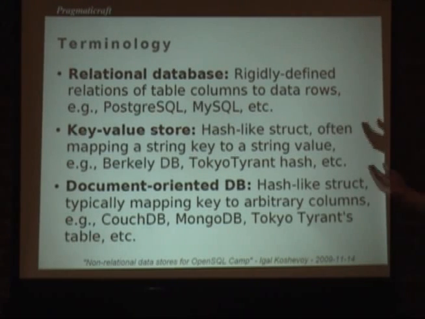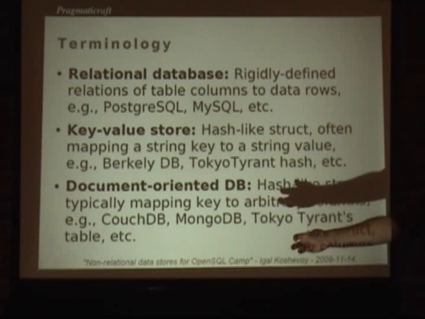And then you've got document databases, which are the ones I'm going to spend most of my time talking about, which provide a way of mapping a key to either multiple values or some kind of document that holds rich data.